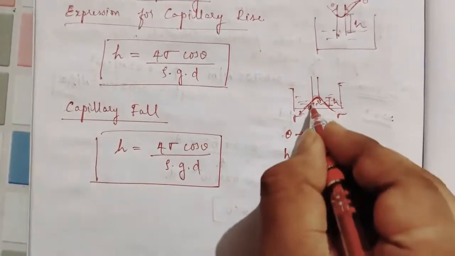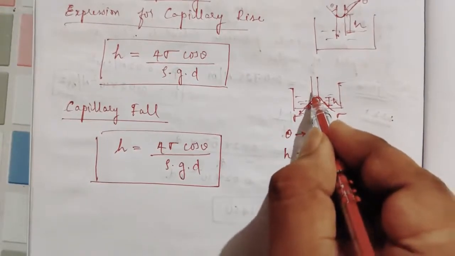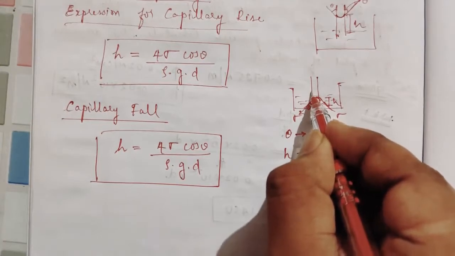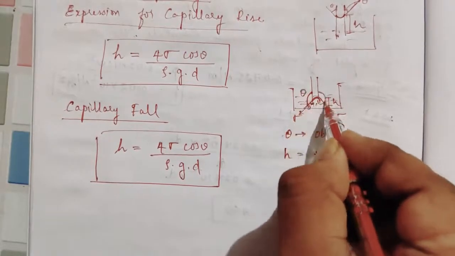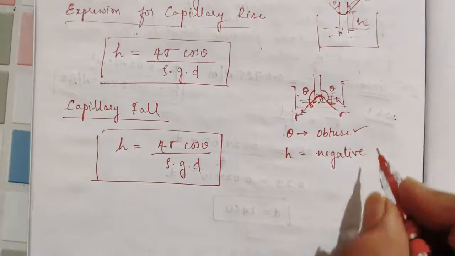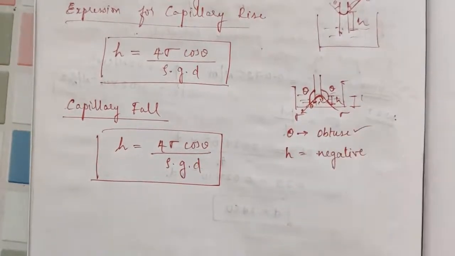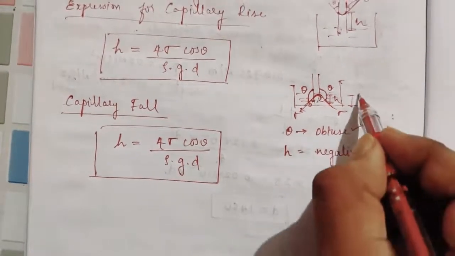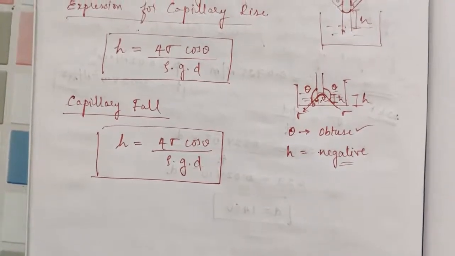Sorry, this is not the theta. According to the definition, theta is the angle between the glass tube and the surface tangent. So this will be theta. It will be obtuse, greater than 90 degrees. It is submerged in the mercury, right? See the image in the PPT. H will be negative. So the same formula should be used.